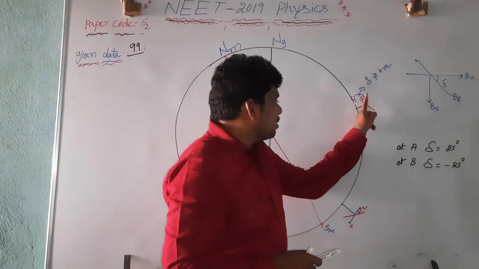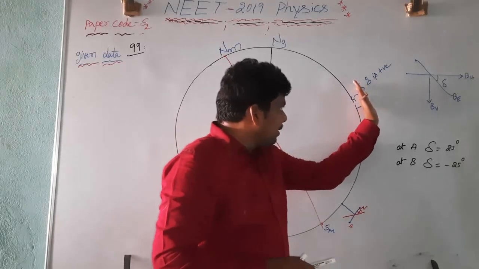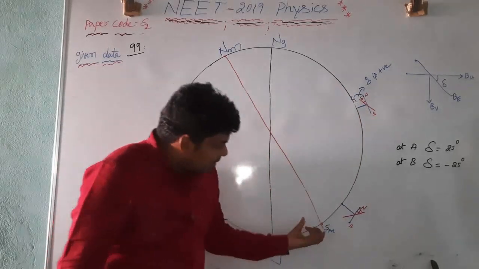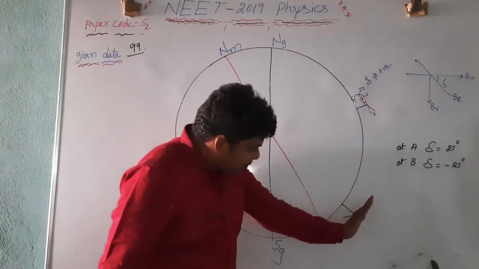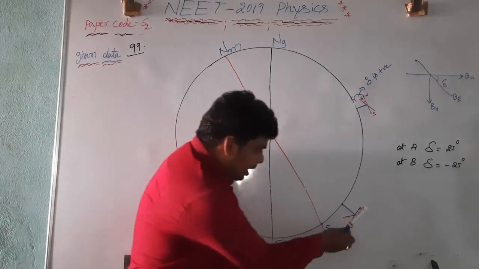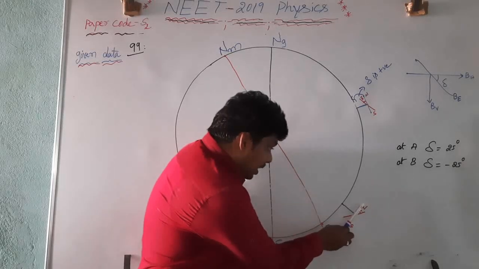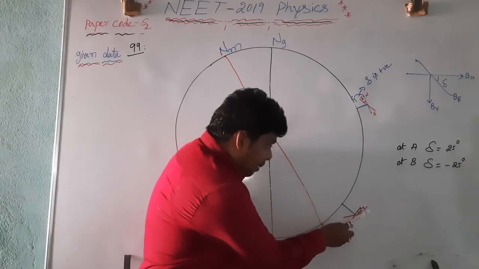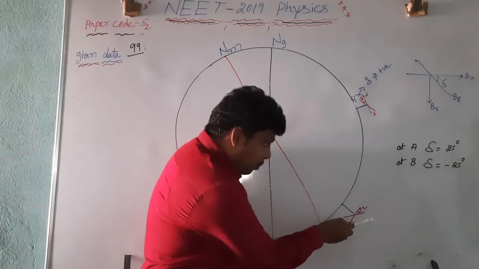Whereas in the southern hemisphere, if you place the magnetic compass needle, the north pole of the magnetic needle will point upwards. North pole is pointing upwards.